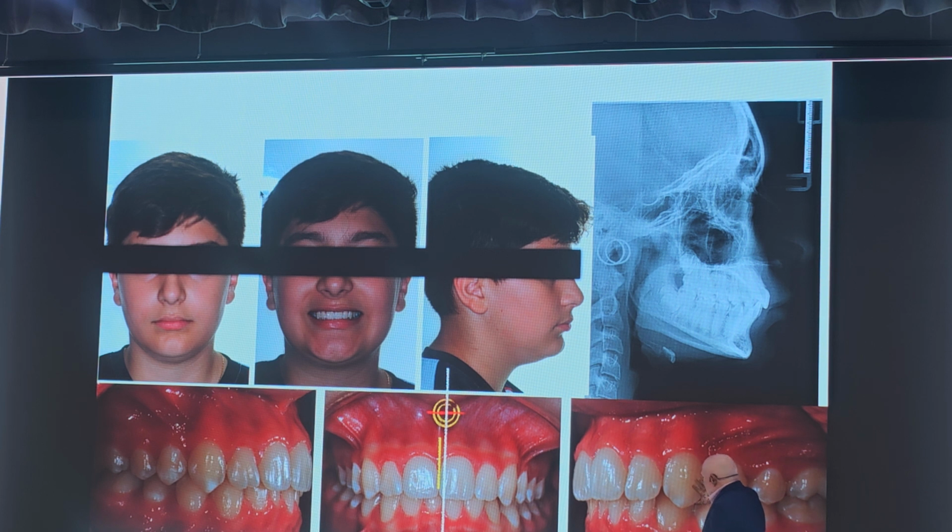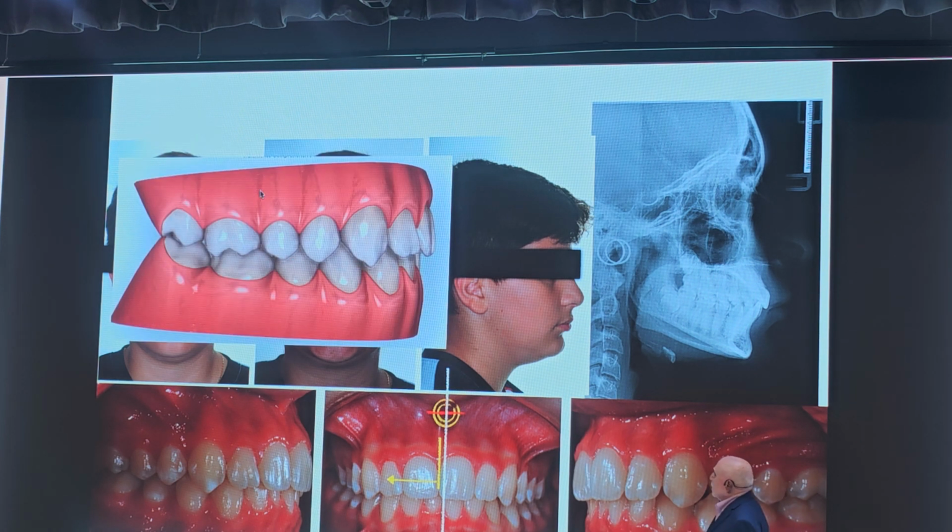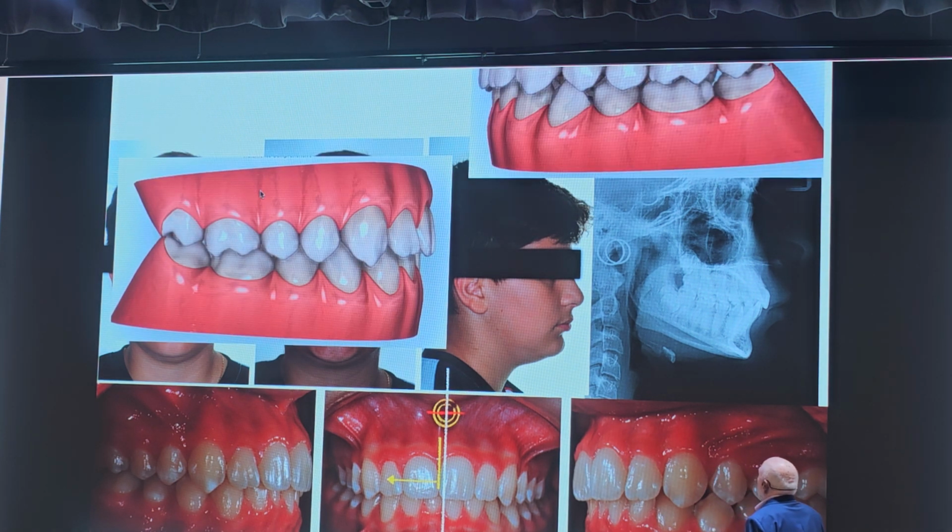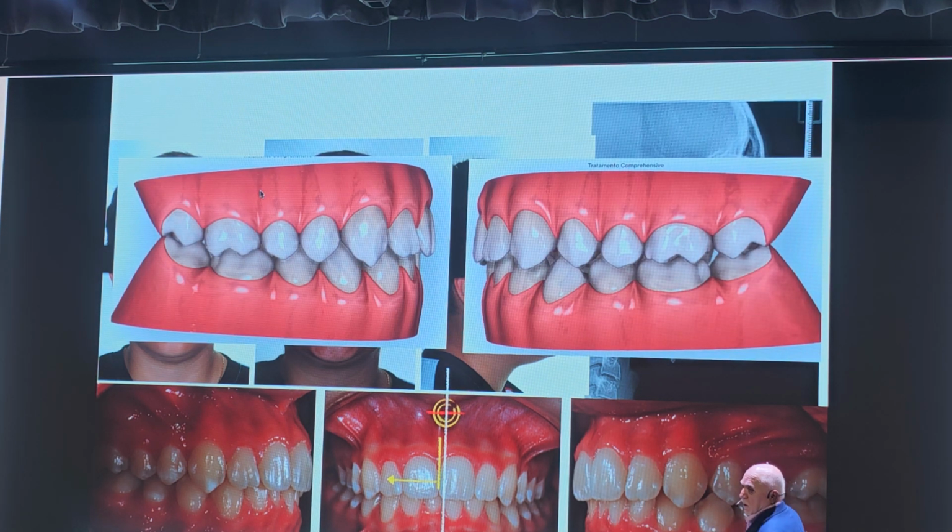For example, this doesn't look very class 2 because of the camera angle. When you look at the scan, for example, in a patient like this, you are going to see it is class 2.